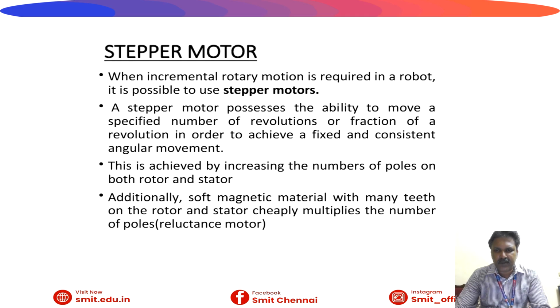Additionally, soft magnetic material with many teeth on the rotor and the stator cheaply multiplies the number of poles. So this is the basic of the stepper motor. So we have the poles, such as rotor and stator, as well as magnetic material, with many teeth on the rotor and the stator.